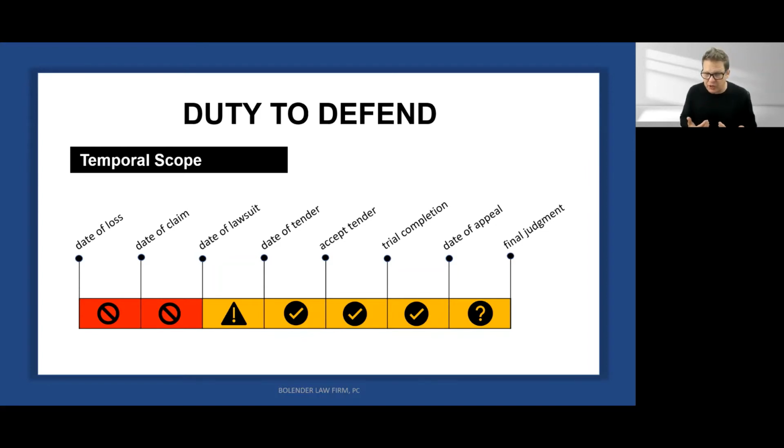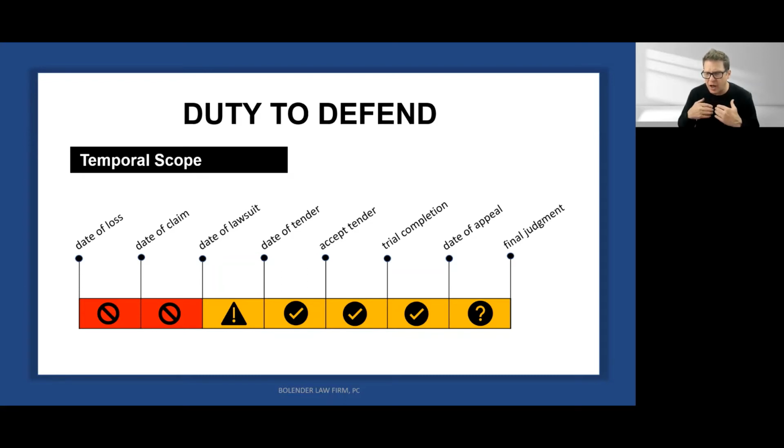They must also consider any evidence that's extrinsic to the pleadings against the policyholder, if available, and consider whether that extrinsic evidence raises a potential for coverage, even if the pleadings alone do not. Additionally, insurance companies must consider the potential that the complaint could be amended to add a covered cause of action.